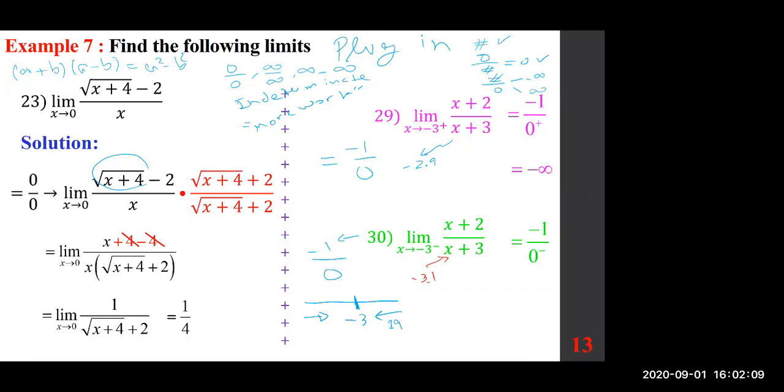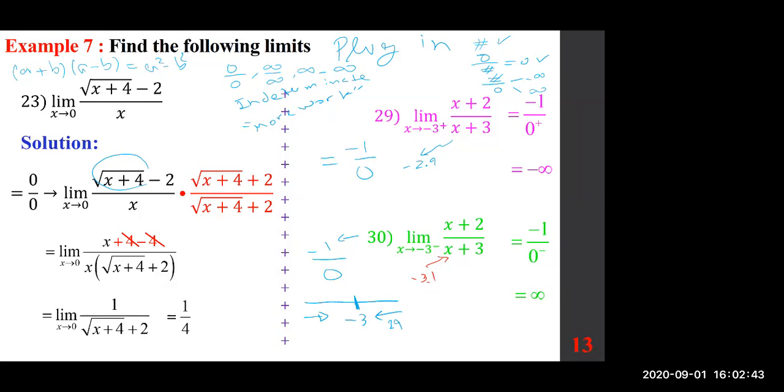Why is this important? Because negative over negative is positive infinity. I hope you see the methodology I'm using here. If you use this methodology, it makes your life easy when you want to do the calculation. I hope you're paying attention. So one more time. When the denominator becomes 0, you have to figure out from the right or left, because it makes a difference between negative and positive infinity.